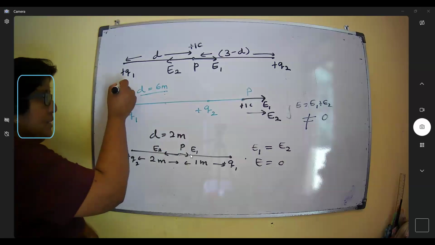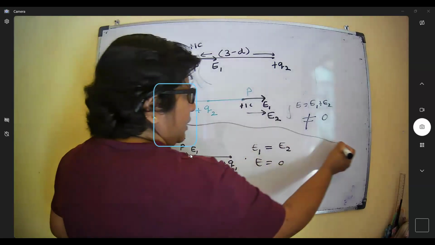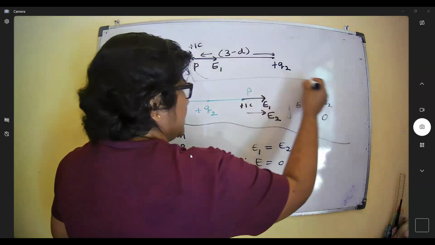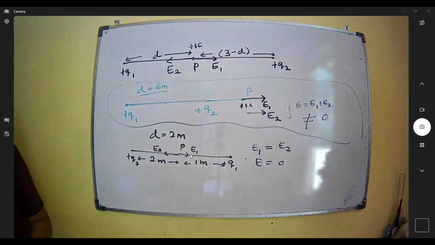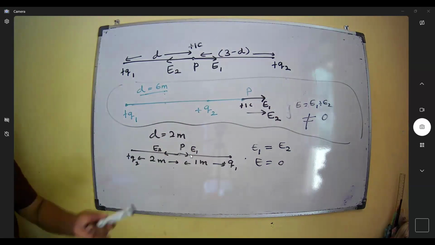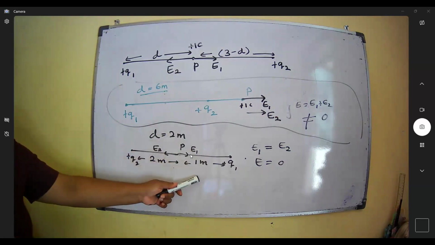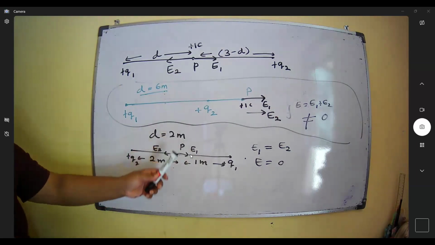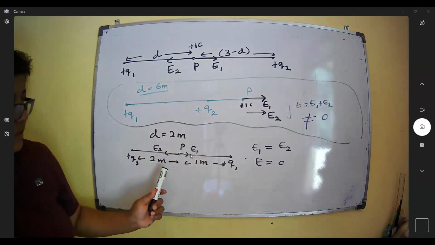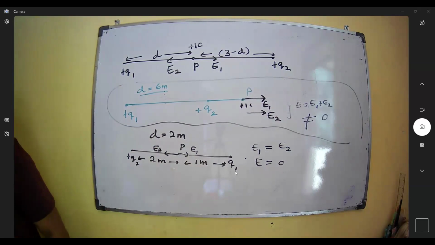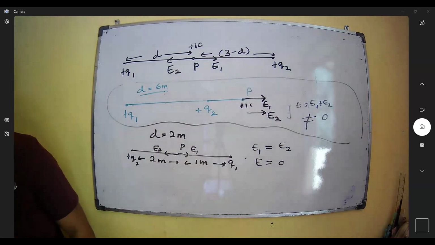So this answer is not applicable, because E1 and E2 are in the same direction of both charges, but direction should be opposite in this case. So answer is D equal 2 meter. Position P is located at 2 meter from Q1 in the direction of Q2, right?